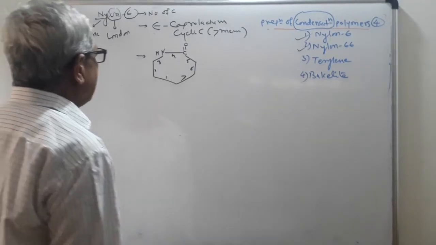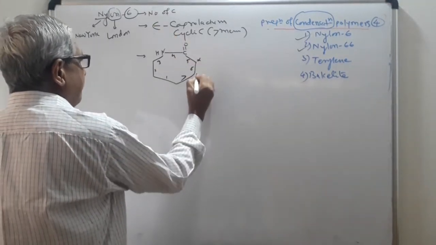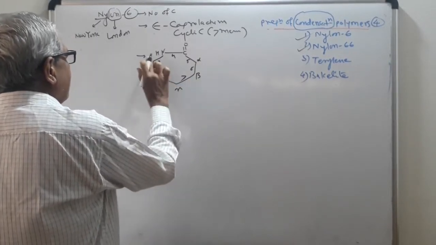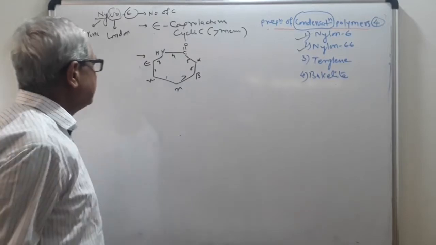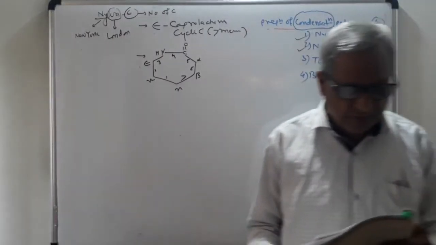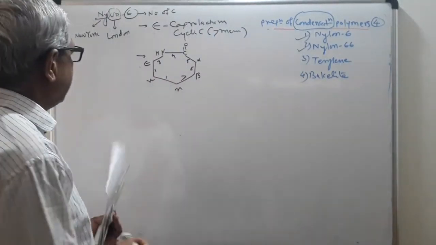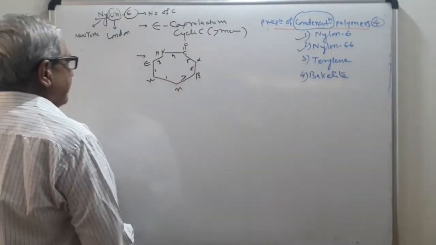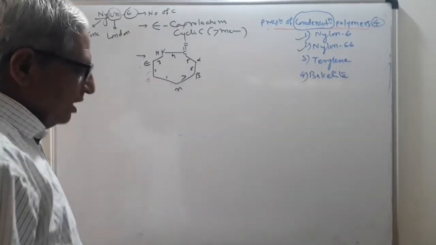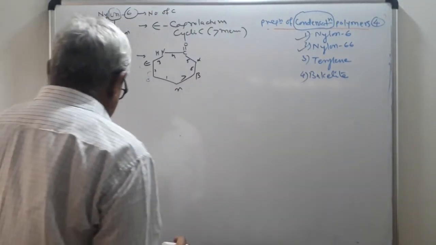Now see why it is called epsilon caprolactam. Why the term epsilon here? See this: alpha, beta, gamma, delta, epsilon. Epsilon is here. That is, the amino group is present on the epsilon carbon atom. Therefore it is called epsilon.